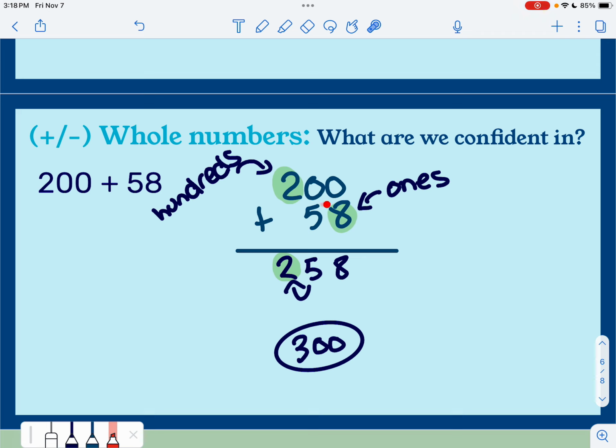And 200 is a much less precise number, which is confidence in the hundreds versus confidence in the ones. So instead of writing 258 as the answer, we have to take sig figs into account, and we are going to round to the hundredths place, which keeps that same level of uncertainty. And this again gives us 300 as the proper answer with the correct number of significant figures.